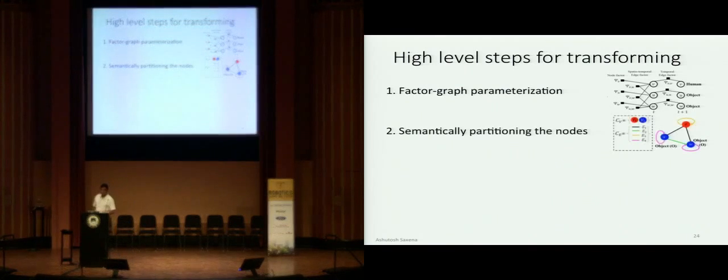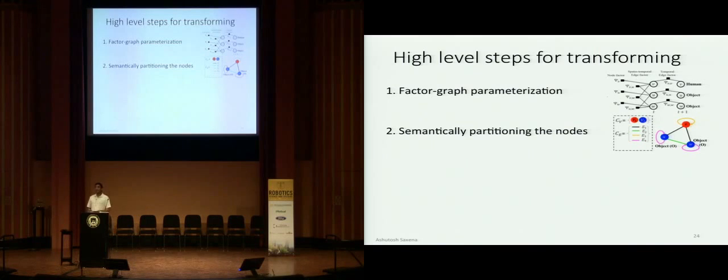The second step would be to semantically partition the nodes. Previously, when we were working with conditional random fields, we manually designed many of these features. Here, the only thing the designer of the system has to do is say, these are the different types of nodes and factors we are dealing with, and just label them.